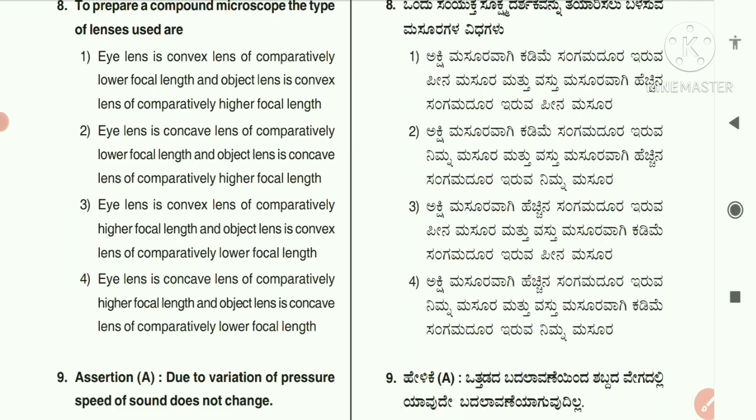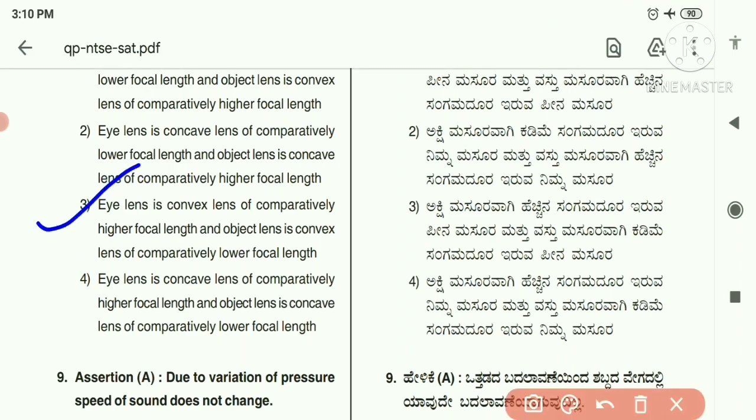Yes, the object is near to the object lens, so the distance is less, and that is why the object lens has a comparatively lower focal length. So the third one is the right answer.